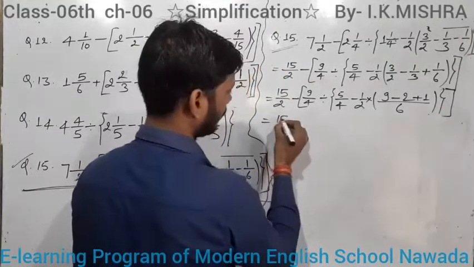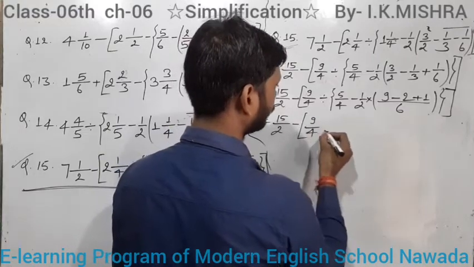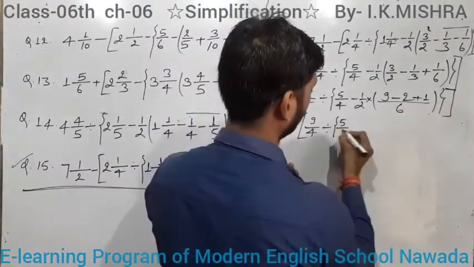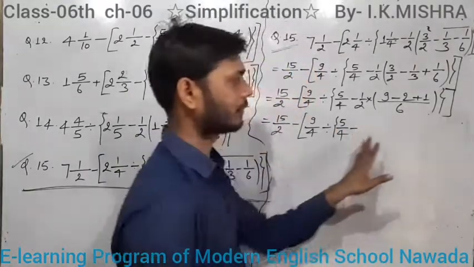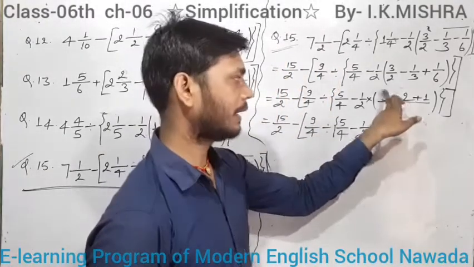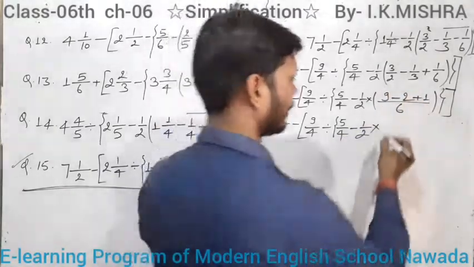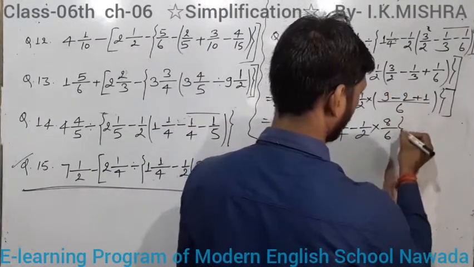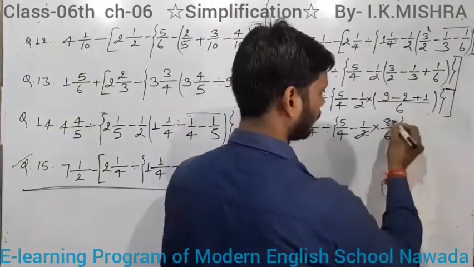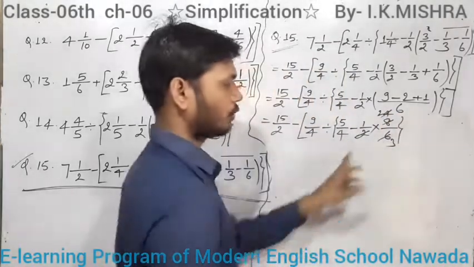After that, 15 by 2 minus 9 by 4 divided by 5 by 4 minus 1 by 2 into, and do the operation in it. 7 minus 2, 9 minus 2, 7, 7 plus 1, 8. 8 upon 6. The small bracket is removed. Now you can simplify: 4 times, 2 times and 3 times. So 2 by 3.